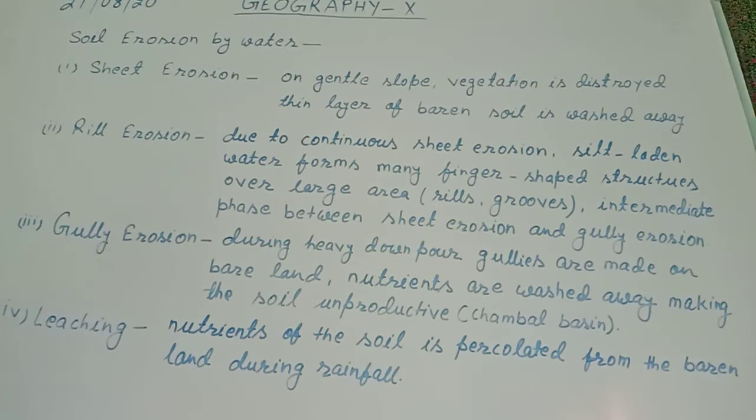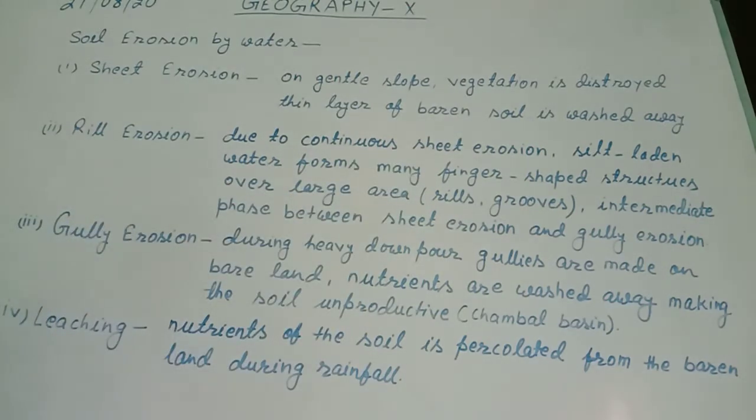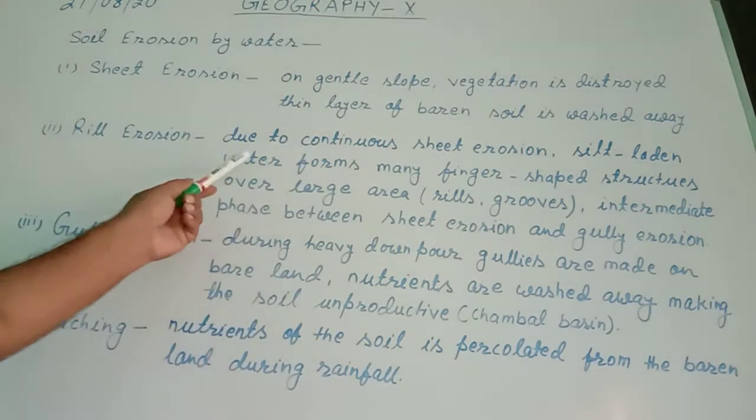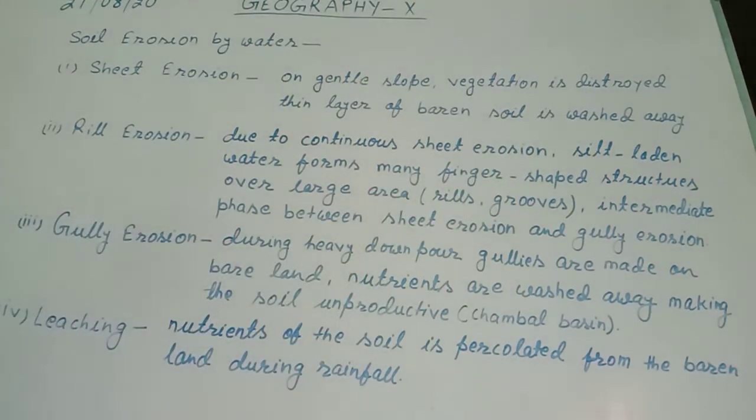Number 2, rill erosion. This is the extended form of sheet erosion. Due to continuous sheet erosion, silt-laden water forms many finger-shaped structures. Silt-laden water means the water in which the fragments or the eroded materials are present.